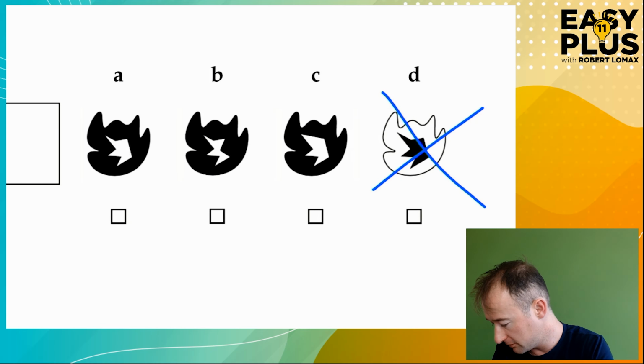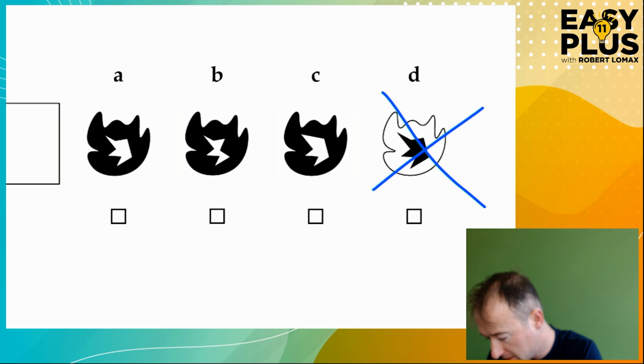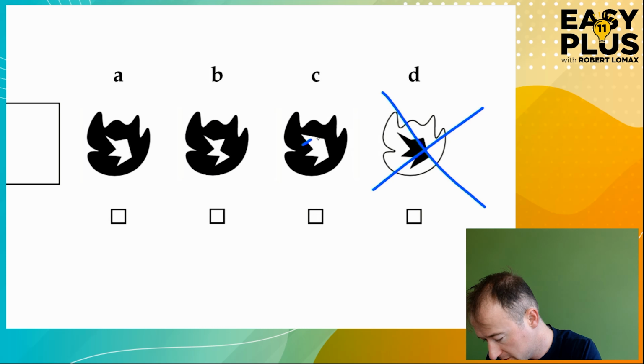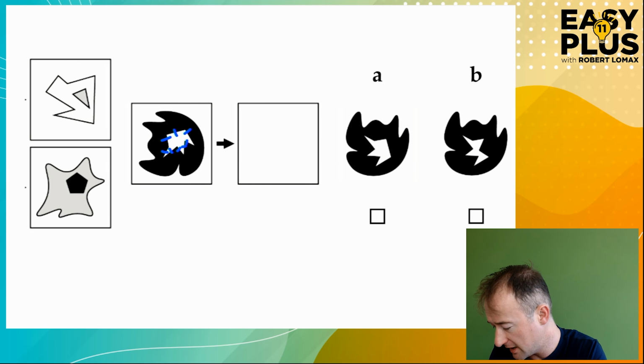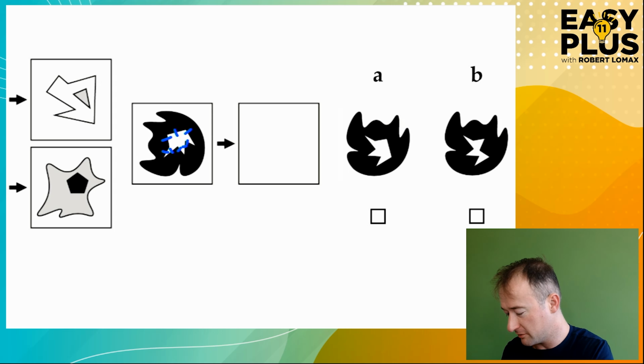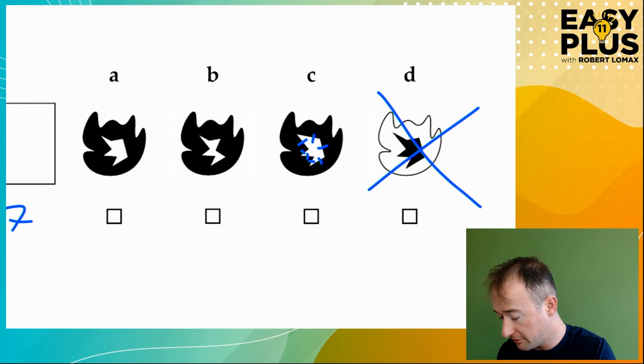So looking through these options, C looks like it's got the fewest sides, so let's start with that. Got 1, 2, 3, 4, 5, 6, 7. Yes, that's what we want, isn't it? We had 8 over here. Yep, just checking. I should probably have written a note. 8. So now we're going to go to 7, and indeed with C we found one with 7 sides.